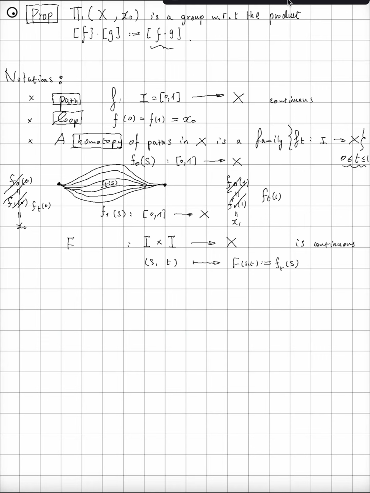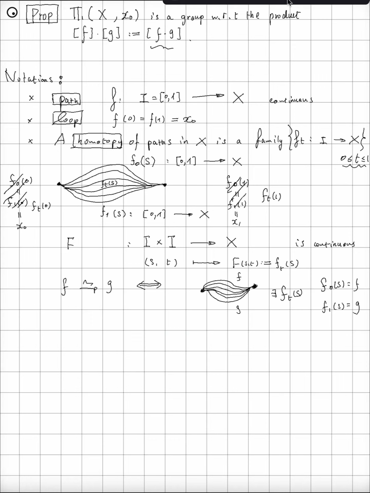Which means that if two paths f and g are homotopic, start with your f. Firstly, they have to have the same endpoints. Secondly, you could find a continuous family, let's say ft(s), such that firstly they have the same endpoints, secondly f0(s) equals f and f1(s) equals g.